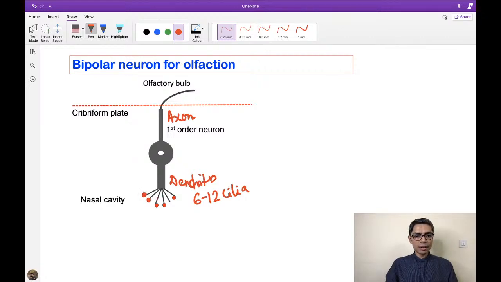What are these red colored dots? These red colored dots are your odorant receptors.